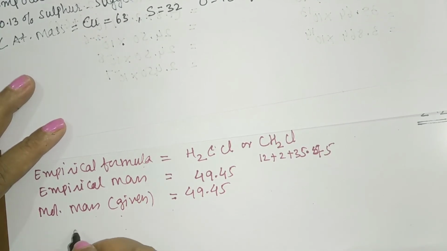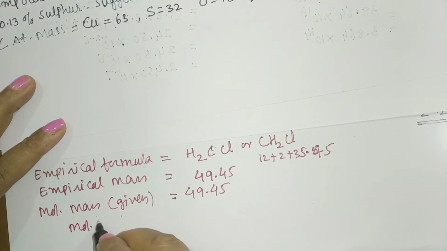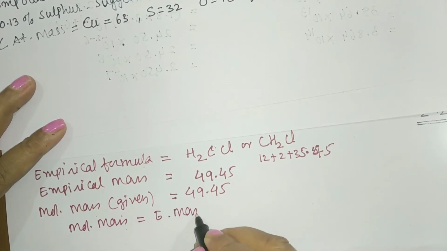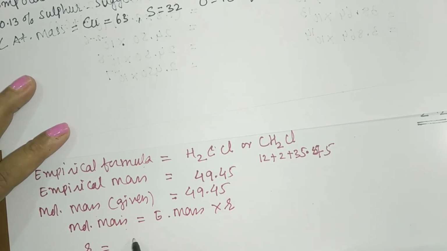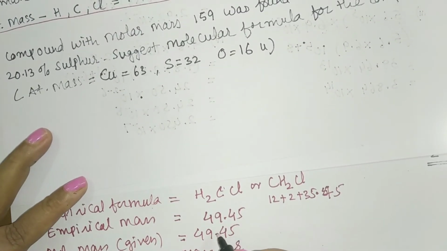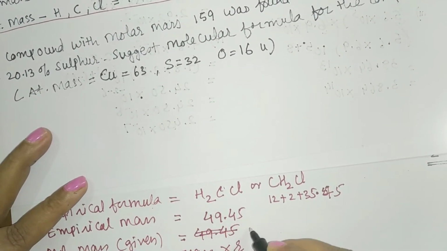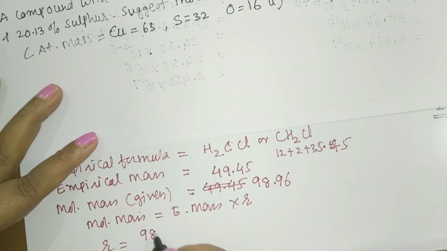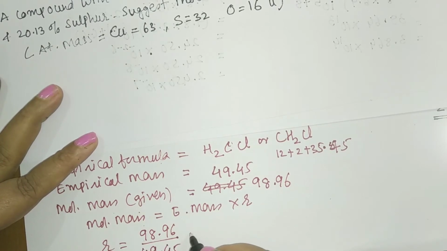That R, because you know that molecular mass is equal to empirical mass into R. So R is equal to, what is the molar mass given, students? It is 98.96. So R is 98.96 divided by 49.45.